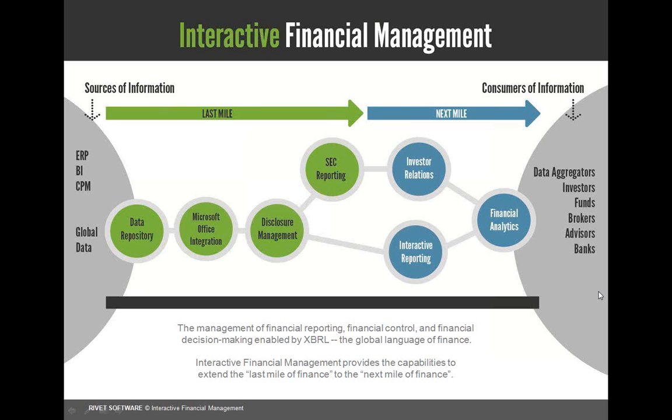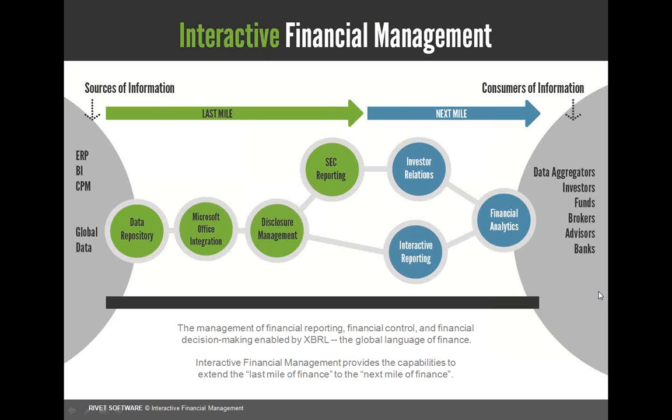Another question about what makes your Crossfire product better than your competitors. If you see this interactive financial picture here, there are a lot of vendors doing SEC filing, and some vendors that can provide some of the disclosure management capabilities.